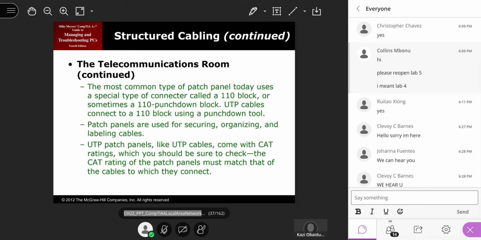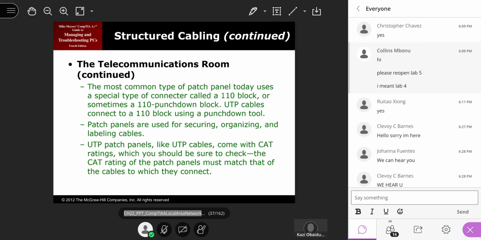The most common type of patch panel today uses a special type of connector called a 110 block, or sometimes a 110 punch down block. UTP, unshielded twisted pair cable, is connected to a 110 block using a punch down tool. Patch panels are used for securing, organizing, and labeling cables.